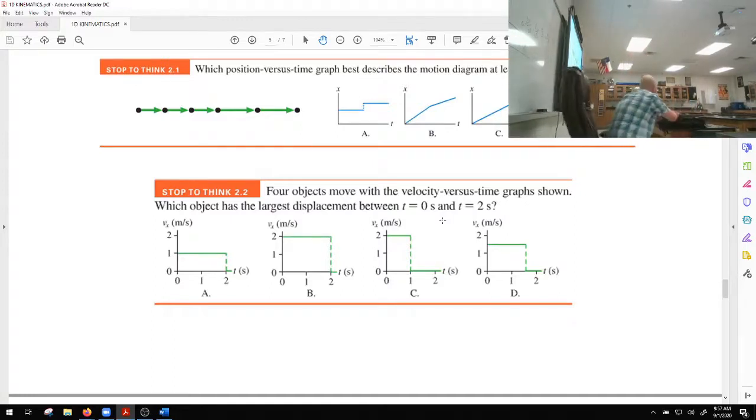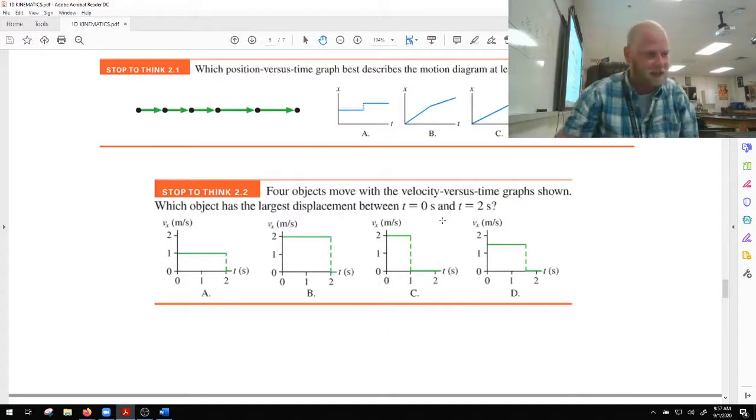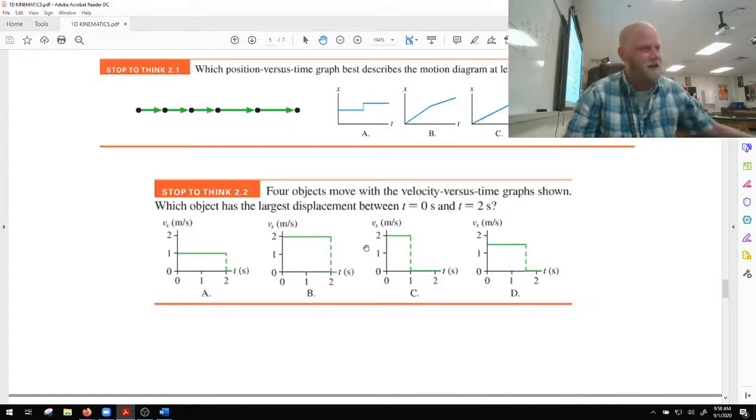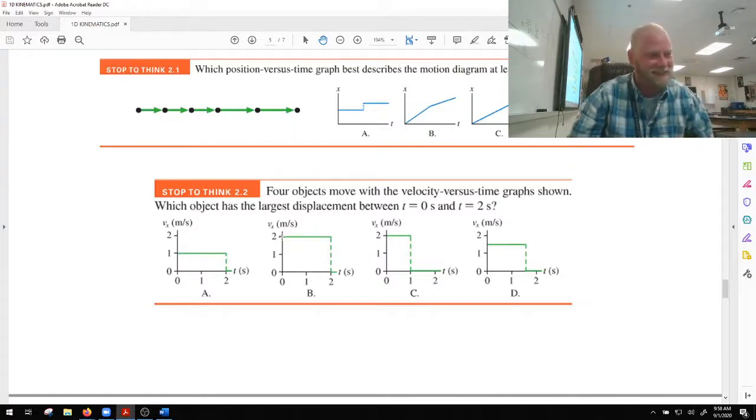So let me get a calculator here. For option A, you have 2 times 1, you've got a displacement of 2. I don't know why I grabbed a calculator. For B, you've got 2 times 2, you've got an area of 4 under here, so 4 meters were traveled.